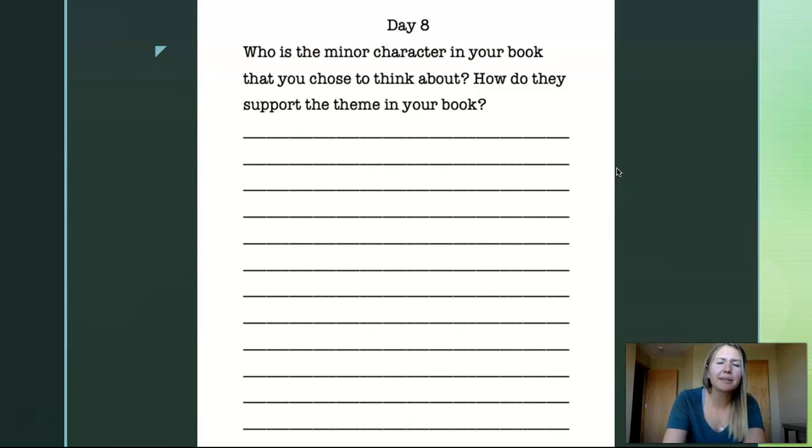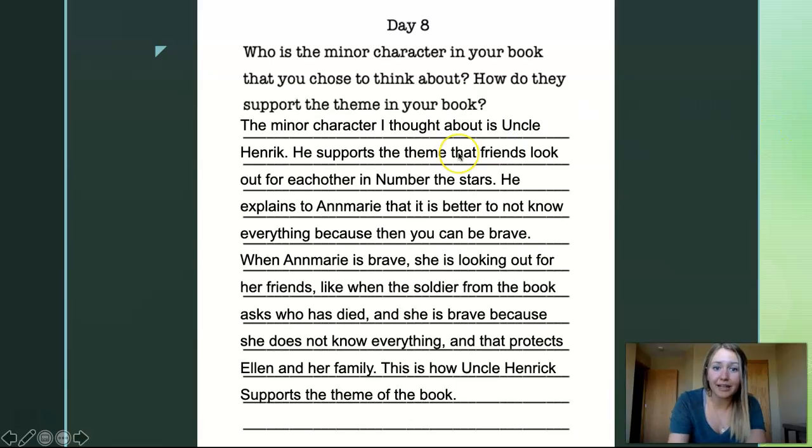When I'm thinking about how Uncle Henrik supports the theme, I'm remembering that today when we read, Uncle Henrik explains to Anne-Marie that it's better not to know everything because then you can be brave. He was explaining why he lied about Great Aunt Bert, who didn't exist, and he said, well, when you don't know everything, it's easy to be brave.